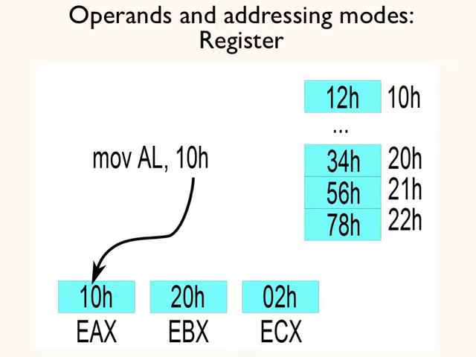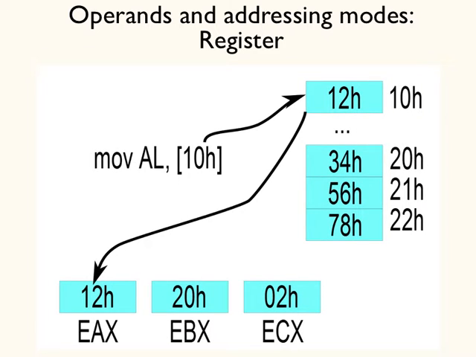And this part is memory, and this is a memory address. This is 10, 20, 21, 22, and this is a value at this memory address. When we run this instruction, the value 12 in hex will be moved into AL, because this one specifies the address, not really the value.